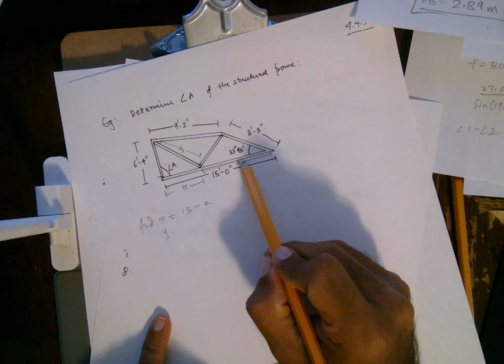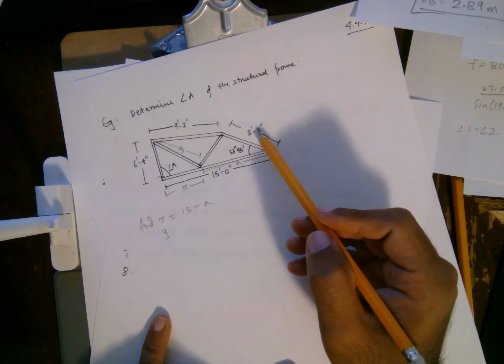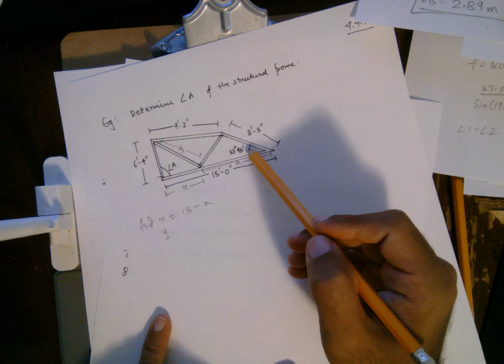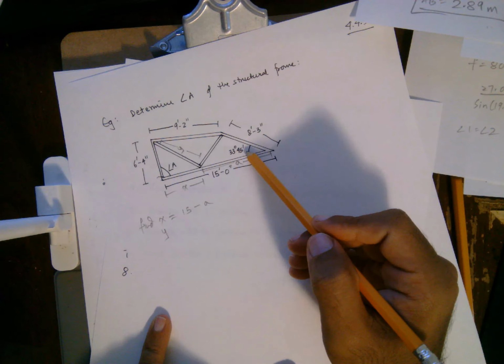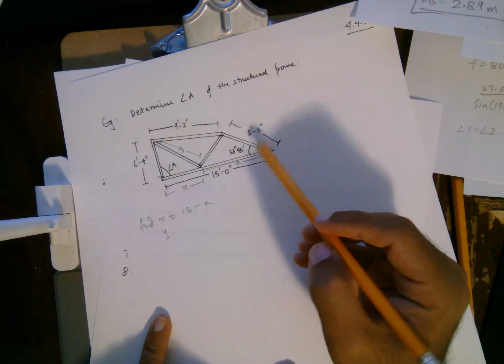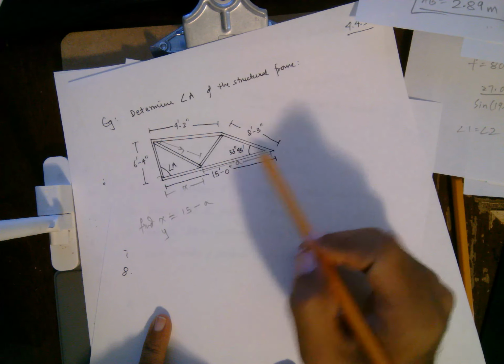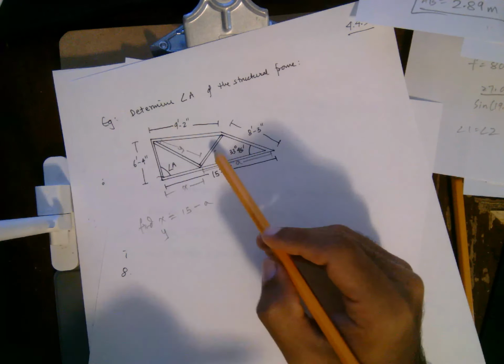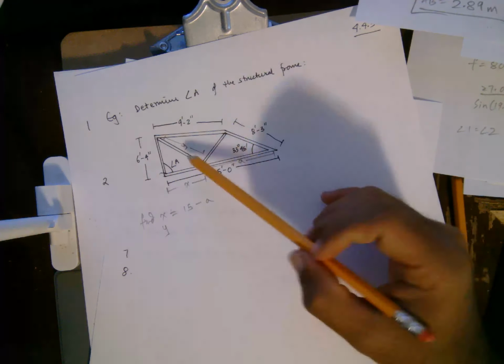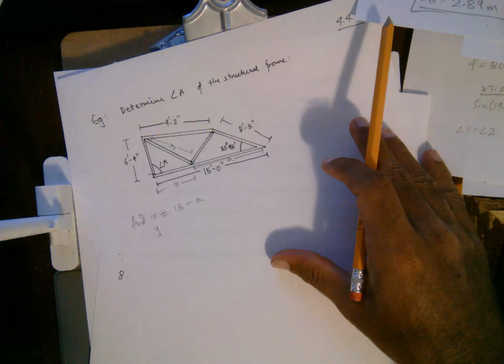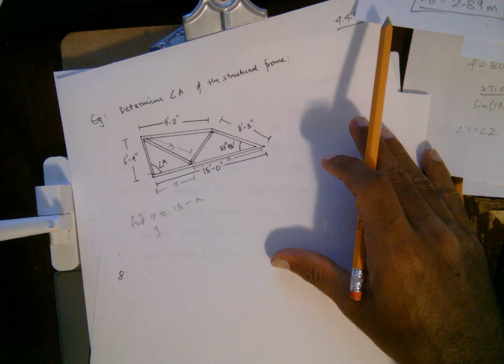I can find A because if I can find A from this triangle, that would be nice. For finding Y, if I can find this side, that would be nice.